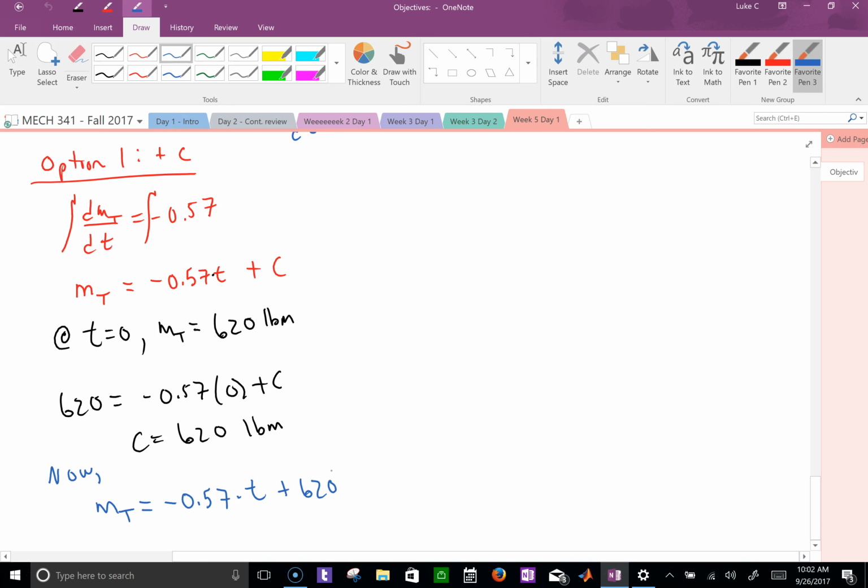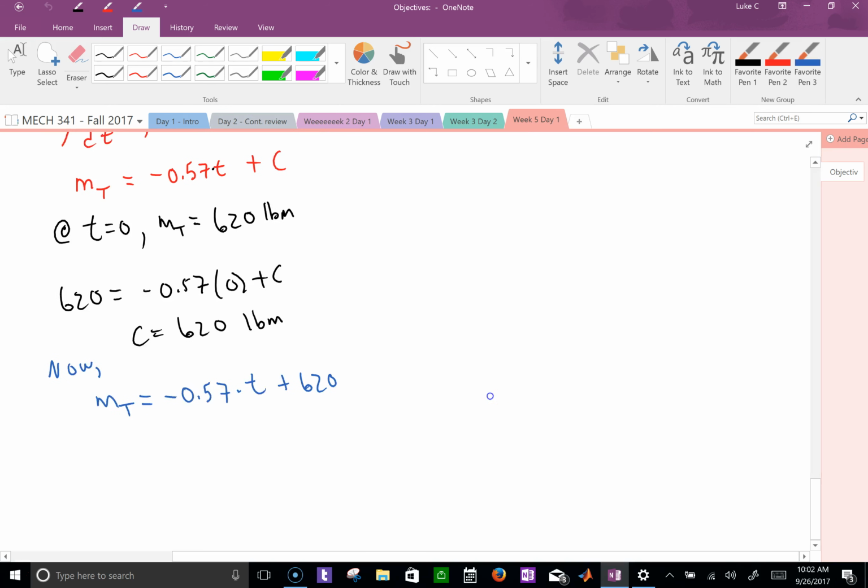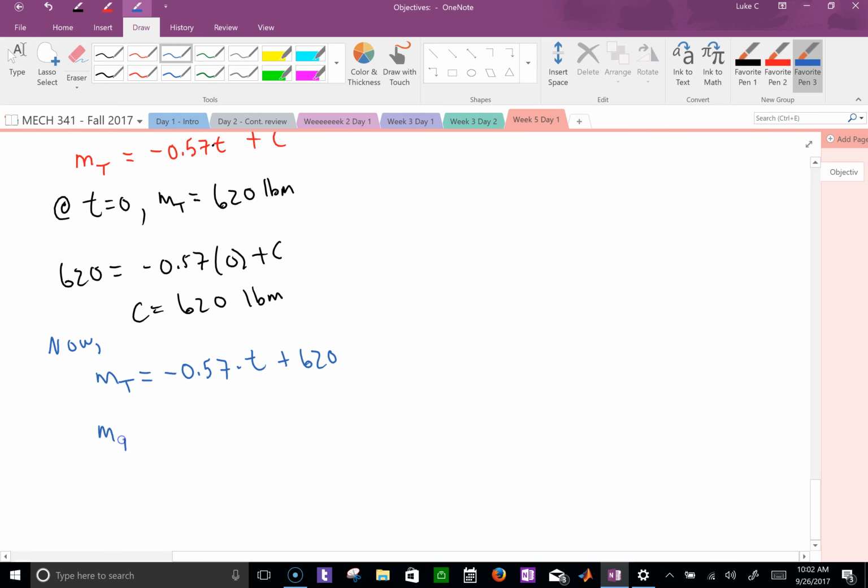Make sense? What is the unit of this one? Pound mass per second. Yep, because times a second gives you pound mass. So let's plug it in, and then we'll do option 2. So mass of the water in the tank at 10 seconds. And what do we get? 614.3. Sure, we'll just round it. 614.